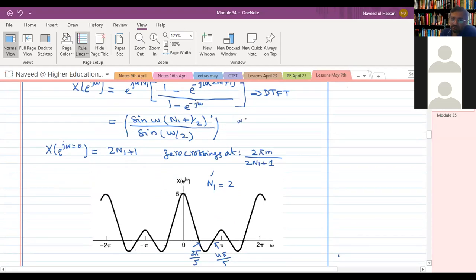So omega n1 plus half, whenever this is a multiple of pi, तो numerator zero हो जाएगा, ठीक है? And from here we can get the zero crossings का जो formula है, if so this becomes 2 pi m divided by 2n1 plus 1. ठीक है? Does it answer your question?